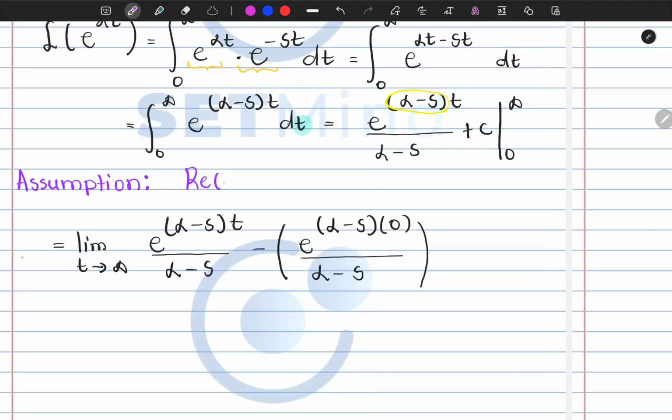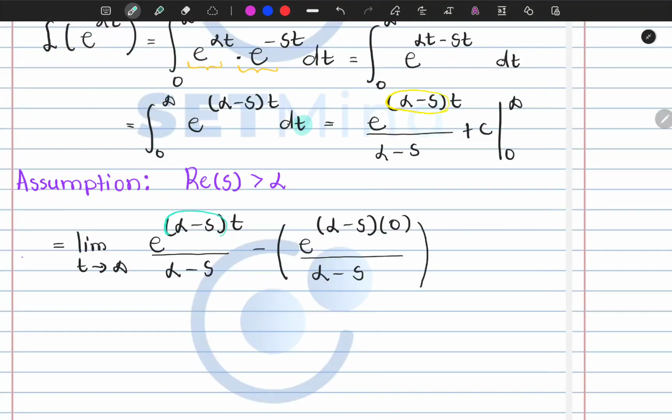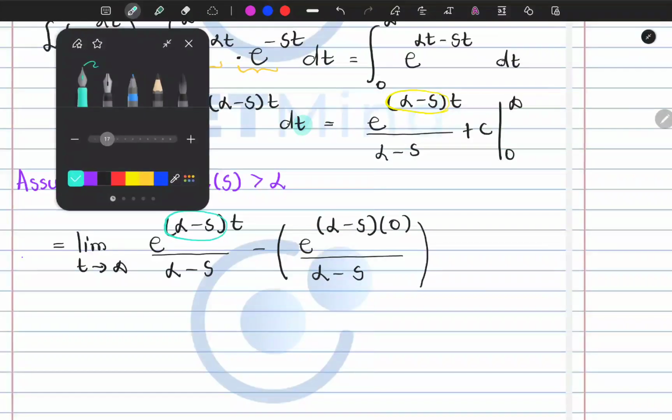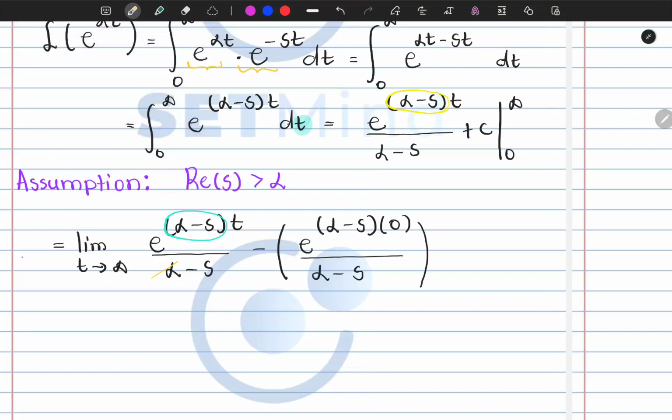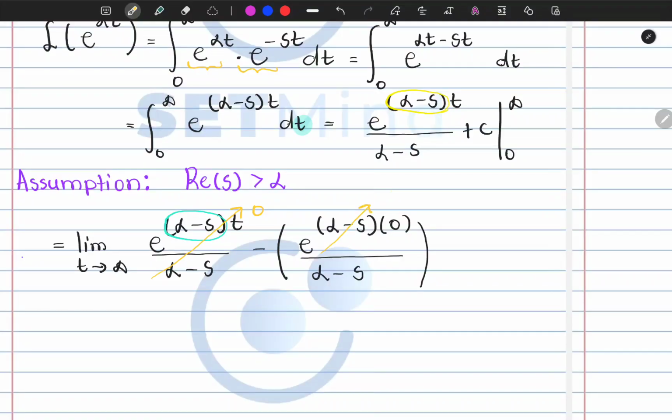So the assumption is that the real part of s will be bigger than alpha, which means the overall exponent here will be negative when you look at the real part. And what that does is when we put in infinity, all of that just becomes 0. That's the utility. And then this portion here will just amount to 1.